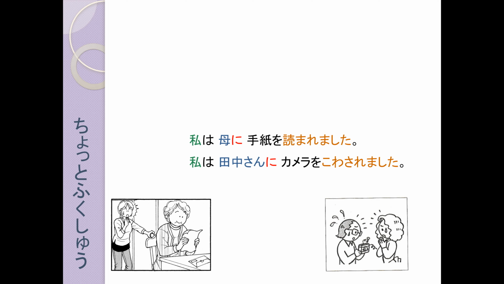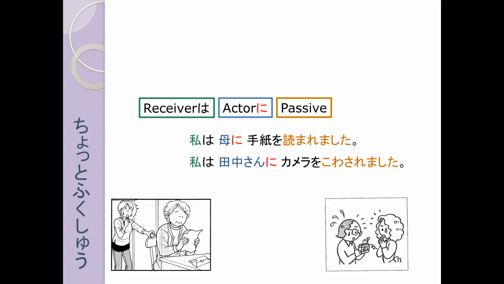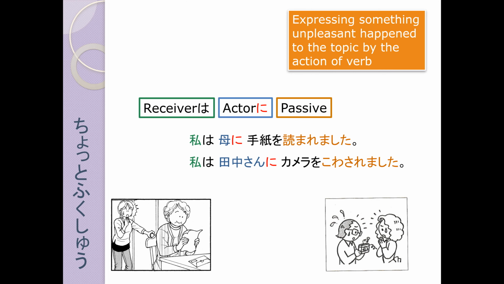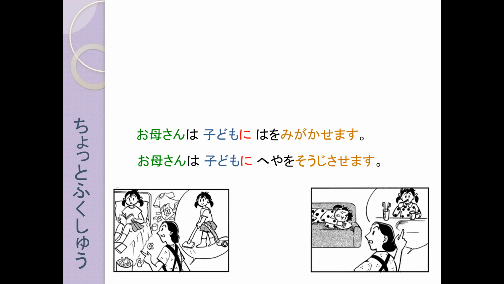I had my camera broken by Tanaka-san, and I'm not happy about it. So in this case, the person who receives something, は, the actor, に, and then our last part is in the passive form. So we are expressing that something unpleasant happened to us due to the action of the verb.